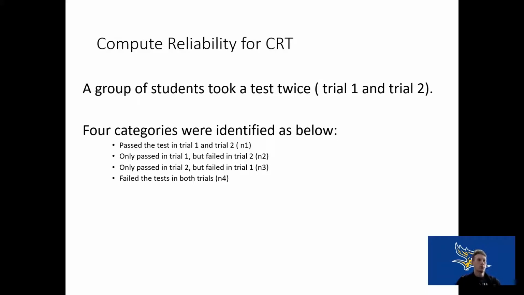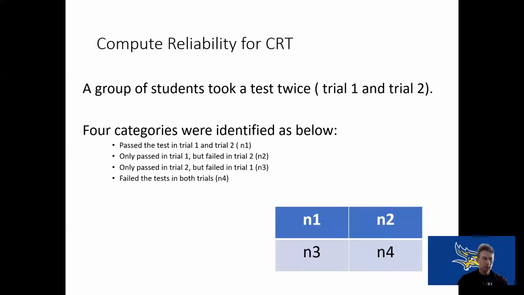Okay, so there are 4 possible scenarios when we're looking at this 2-trial model. Passing the test in trial 1 and passing in trial 2, we consider that N1. Only passing trial 1 but failing trial 2 is considered N2.